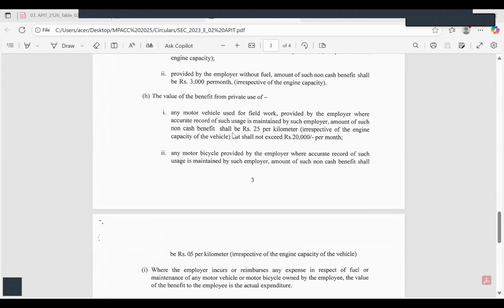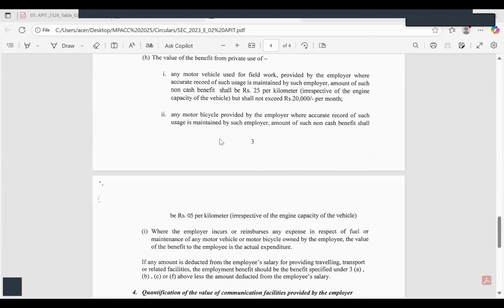That means for this 25 per kilometer value to apply, they should maintain proper records. Otherwise, we cannot identify the proper amount. Because of that, proper records should be maintained if they are using some vehicles for field work.